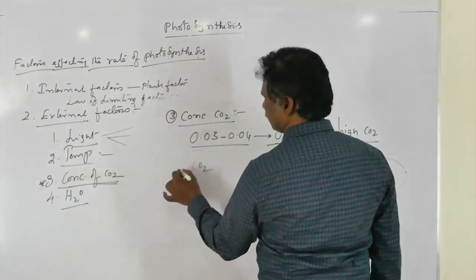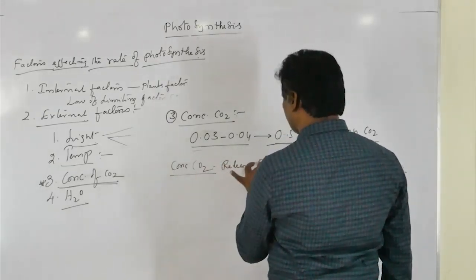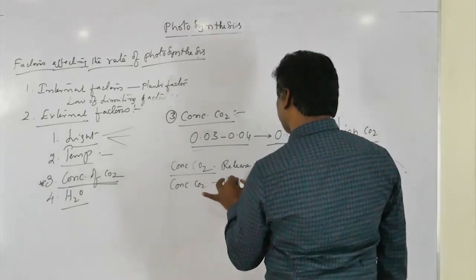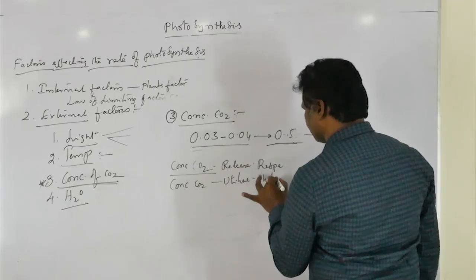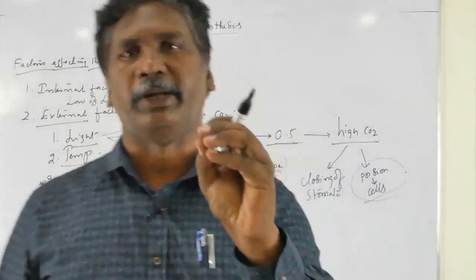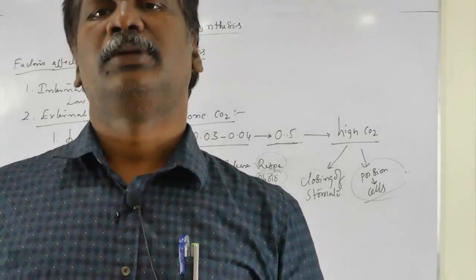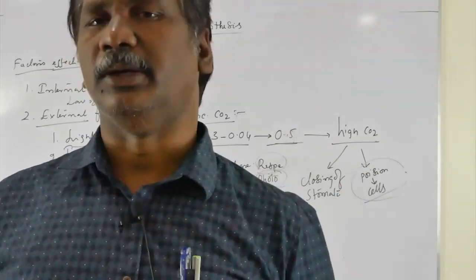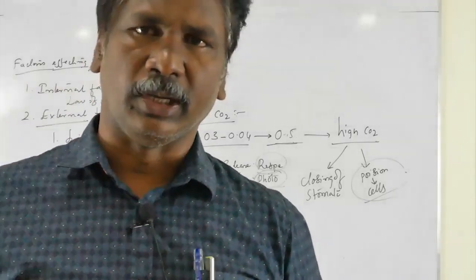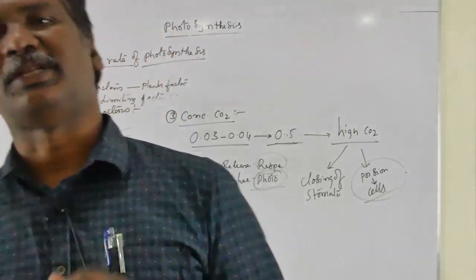The CO2 compensation point means the point at which the amount of CO2 released during respiration is equal to the amount of CO2 utilized in photosynthesis. That is called the CO2 compensation point.